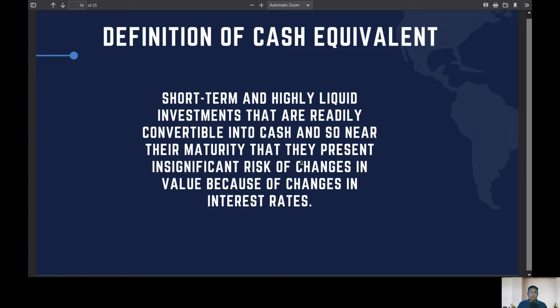So there are two conditions that need to be met for an asset to be called a cash equivalent. It should be readily convertible, and almost at maturity, such that there is insignificant risk of changes in value.